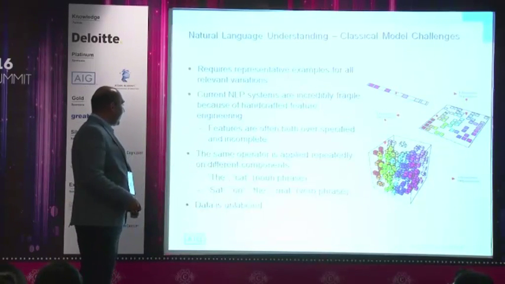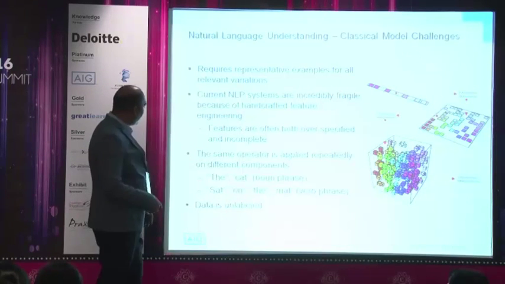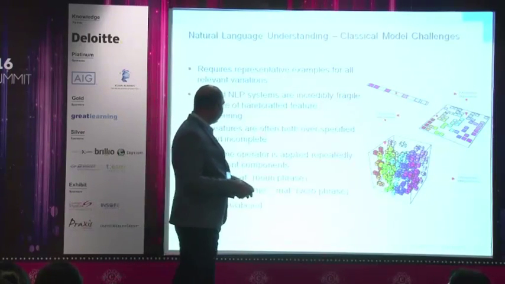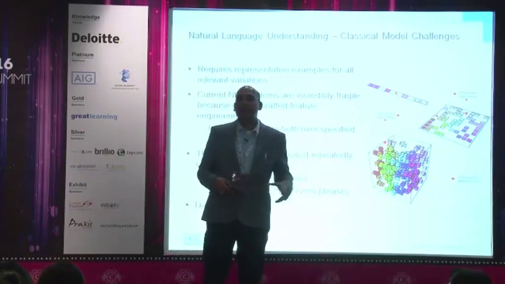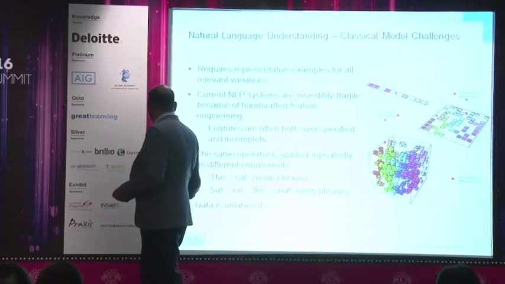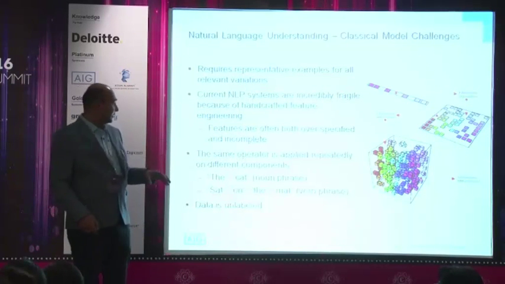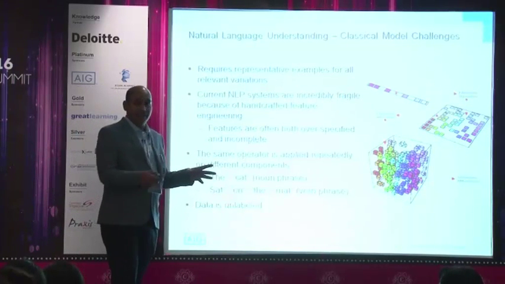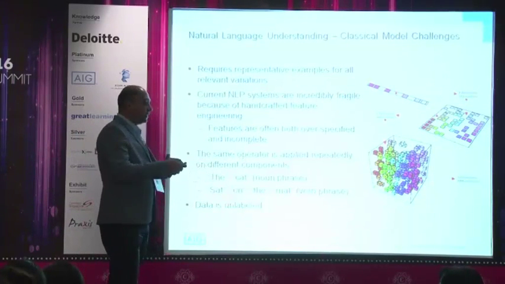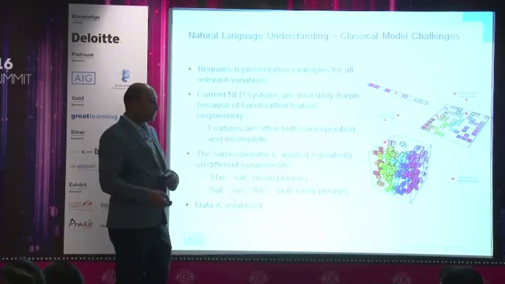And then the other problem is the same operator gets applied repetitively again and again. In just the previous slide, we saw the word cat, and the cat was the noun phrase, and sat on the mat was the verb phrase.